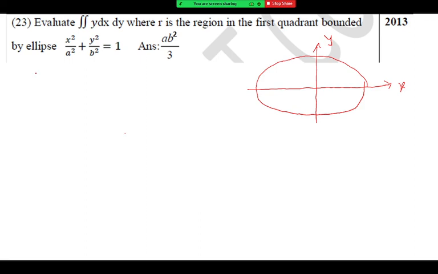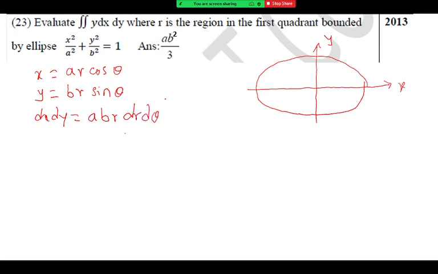Can you tell me what x is? x is a r cos theta. y should be b r sin theta. Then dx dy should be a b r dr d theta.